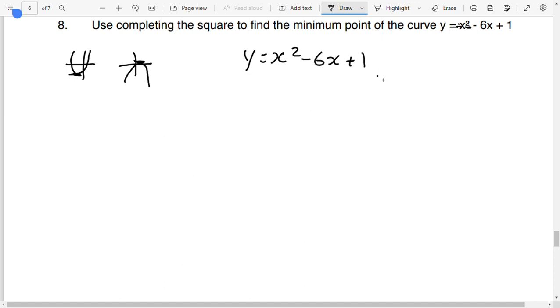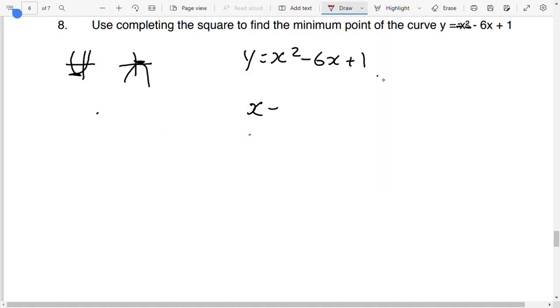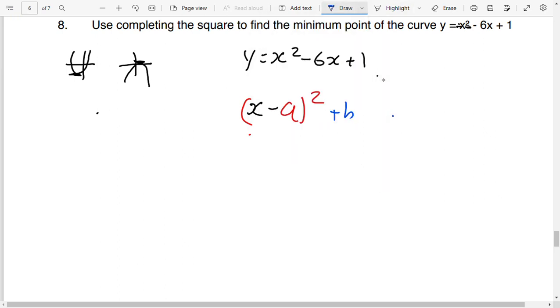Now, completing the square can give us a hand in doing these sorts of questions. It makes it quite simple. So again, we are going to put it into the form x minus a, squared, plus b.